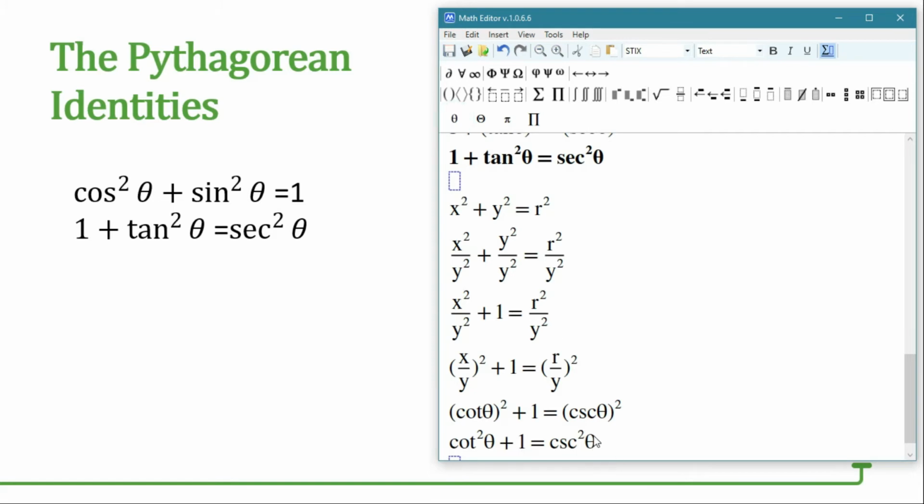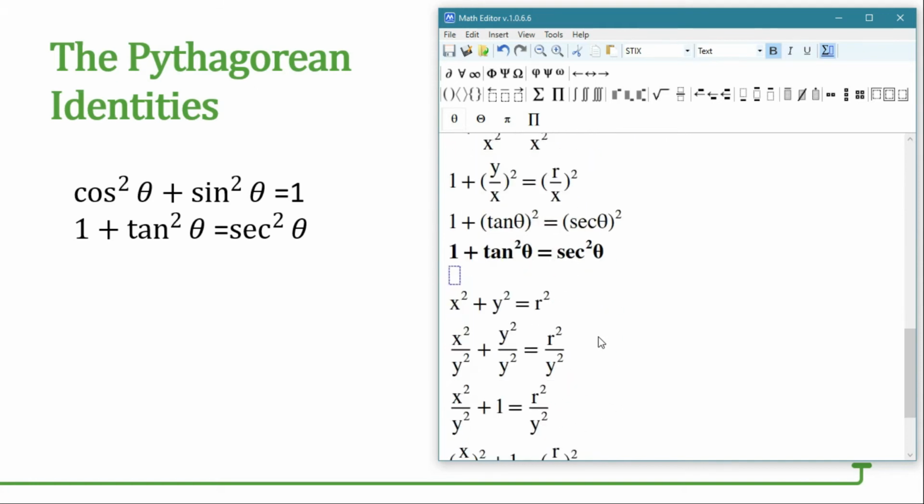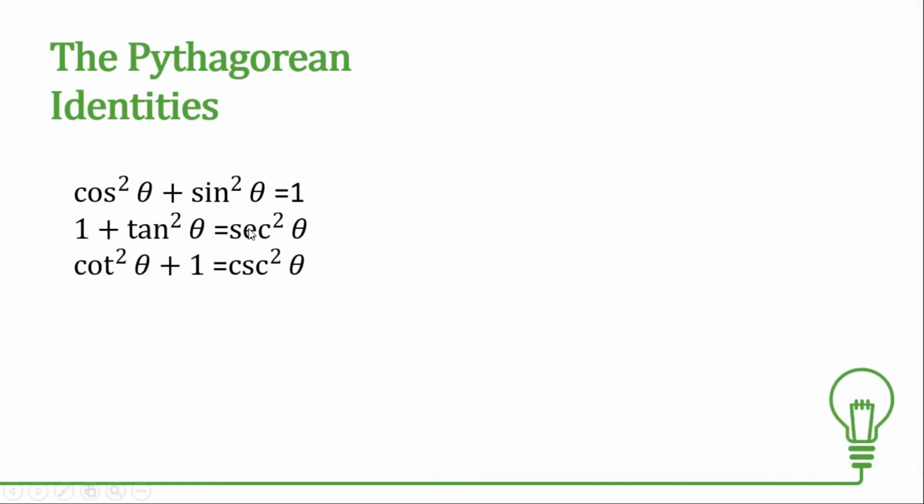And that makes our third Pythagorean identity. So always remember this, because we're going to use these identities in simplifying and in their applications. So that makes our third Pythagorean identity, wherein cotangent squared theta plus 1 is equal to cosecant squared theta.